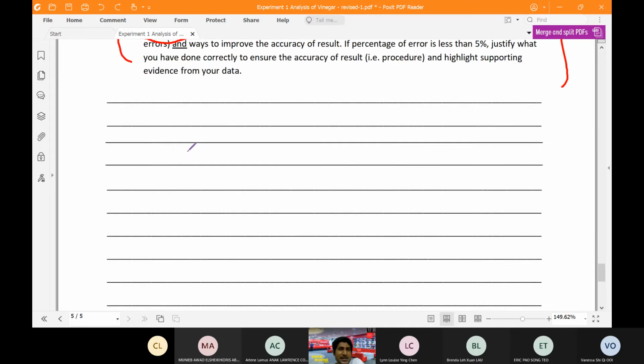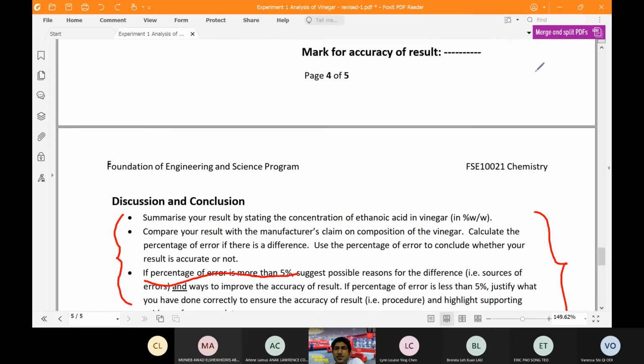Yes, and now the most important part. This lab report is individual. Do you understand what I mean? This lab report is individual. That means everyone should submit the lab report.